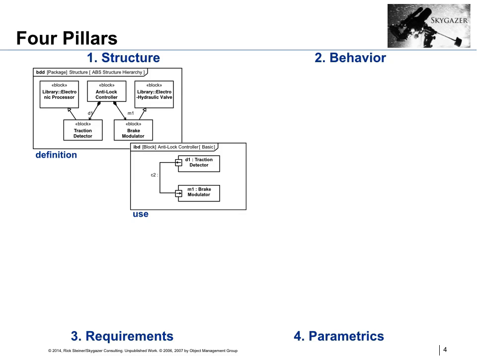It's called that because it's basically looking inside the block analog controller. In this case, the IBD shown there, the diagram frame represents the analog controller, as if you've taken the analog controller on the BDD and you've kind of expanded it, zoomed into it to see what is going on inside. And here inside the analog controller, you still see D1, which is a traction detector. You still see M1, which is a brake modulator.